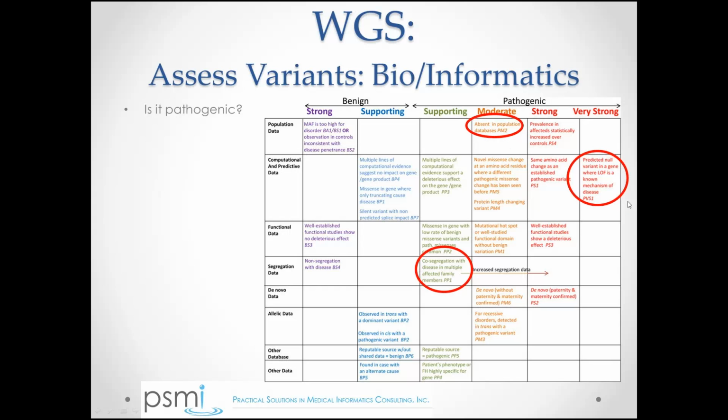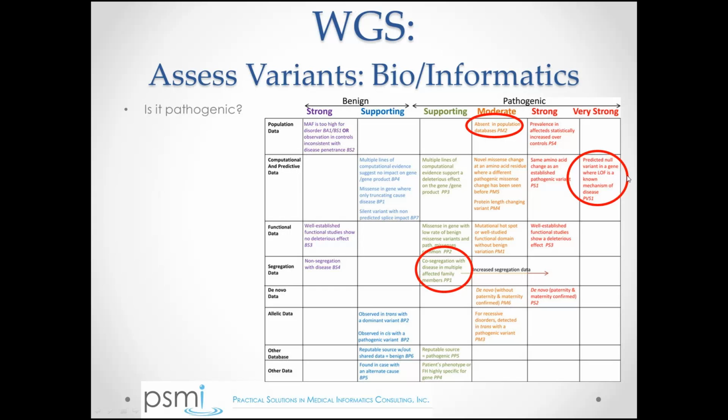We have very strong evidence of pathogenicity based on our computational and predictive data. And despite what I said about the potential shortcomings of things like SIFT and PolyPhen, in this particular case, we know that we have a null variant. We know that the particular mutation in this patient has changed a lysine to a stop codon.